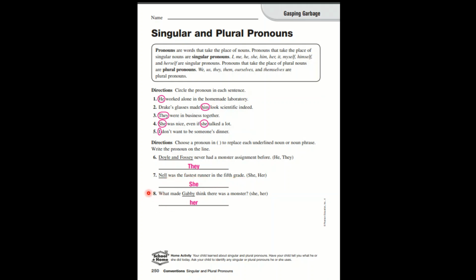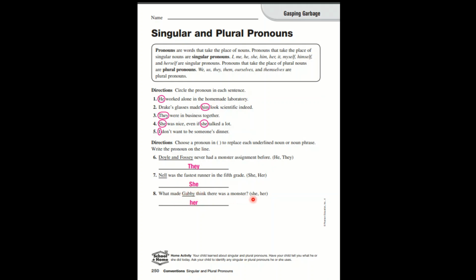Let's look at the last sentence. What made Gabby think that there was a monster? We need to replace the noun Gabby. Now, Gabby is a person. Is Gabby one person or more than one person? If it's one person, it will be singular. If there's more than one person, it will be plural. We know that in this case, it's a singular noun. It refers to one person.